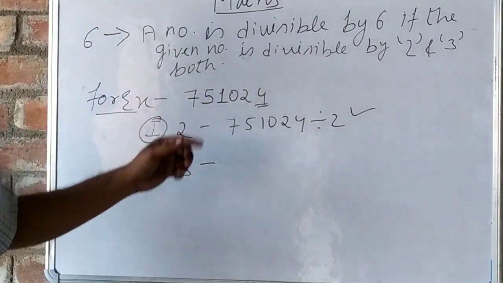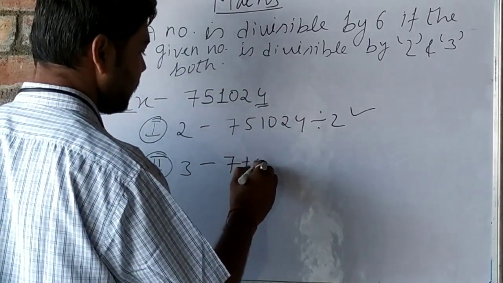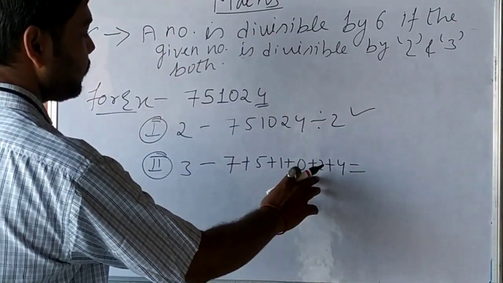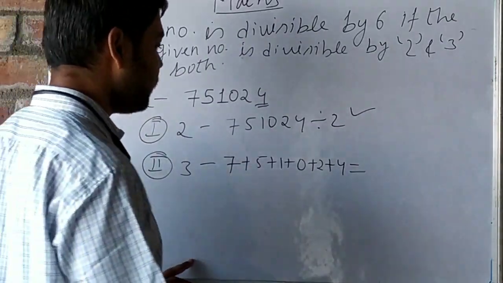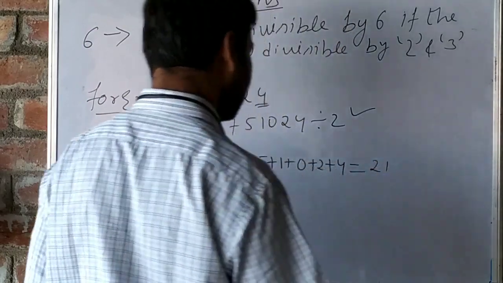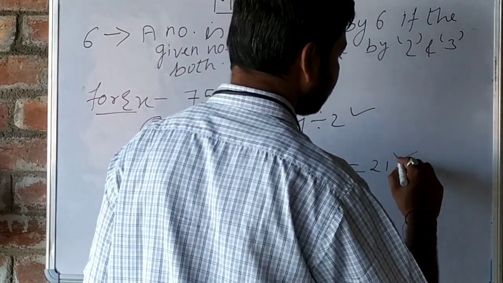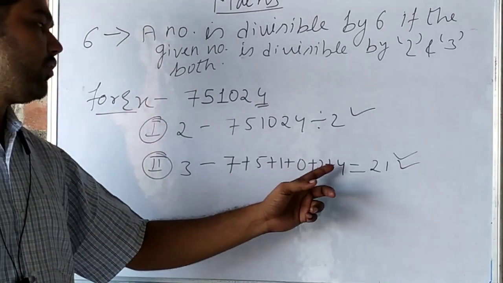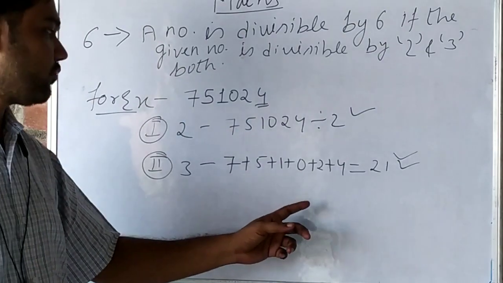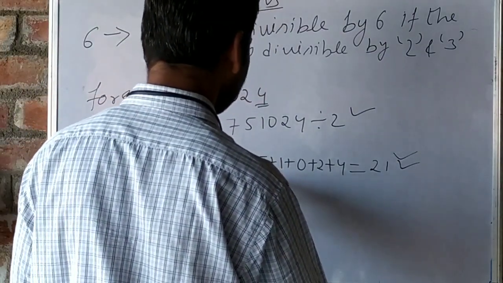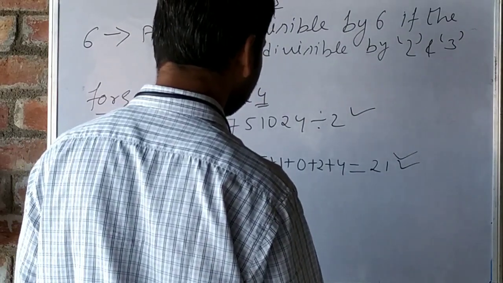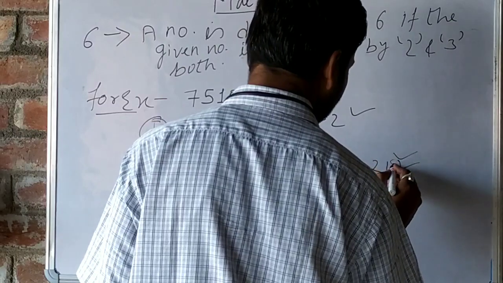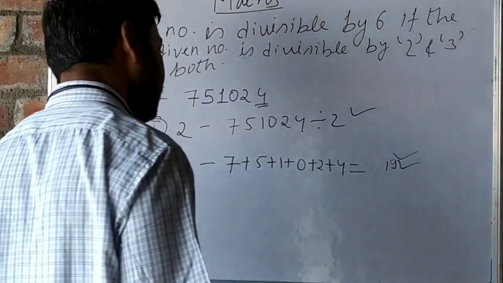Then we have this number. What we have to do is sum the digits. 4 plus 2 is 6, 6 plus 1 is 7, plus 7 is 14, plus 5 is 19. Sorry, it will give us 19, not 21.